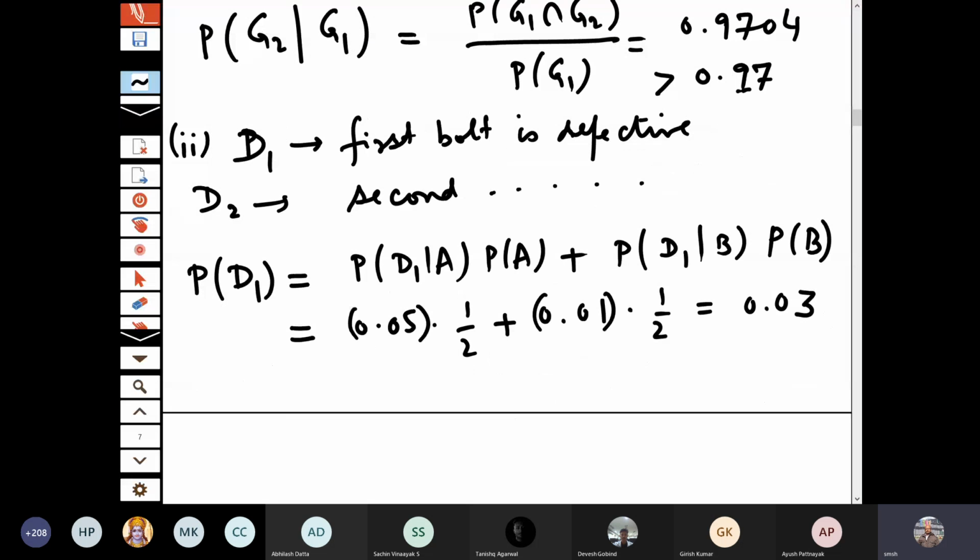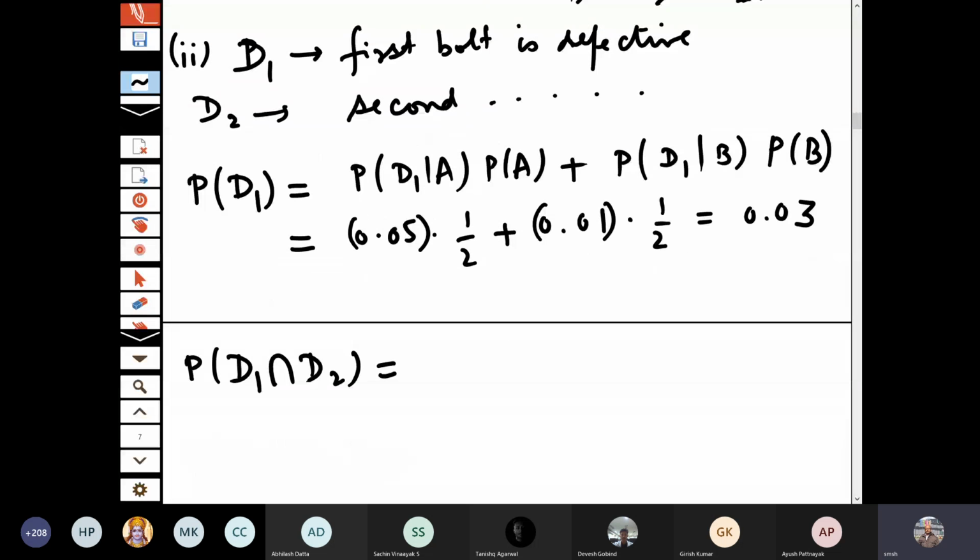And if you look at probability of D1 intersection D2, then by the same argument it will become 0.05 square into half plus 0.01 square into half.